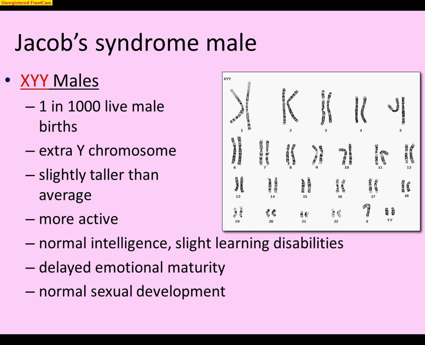Having an extra Y chromosome, again, phenotypically looks like a male, and this is something we call Jacob's syndrome. We do see a slightly taller height with this also. Normal intelligence with some learning disabilities, delayed emotional maturity.